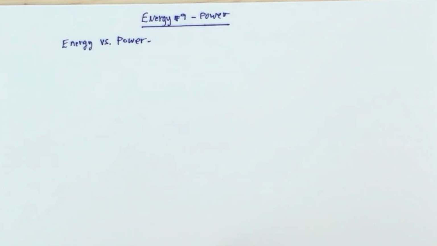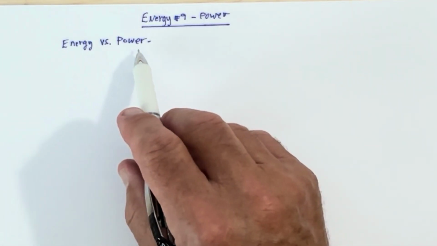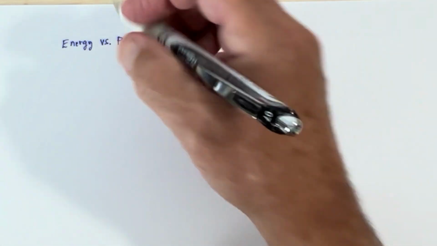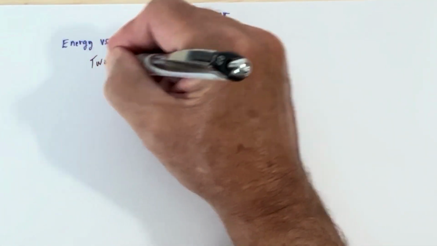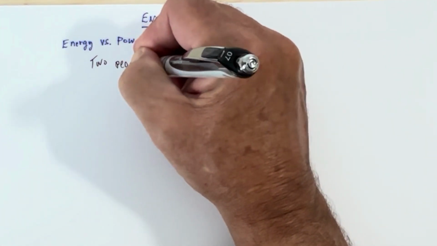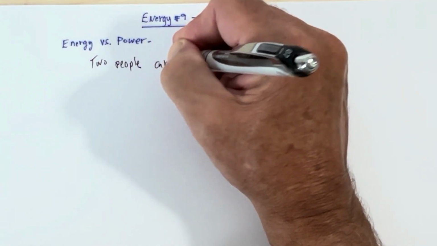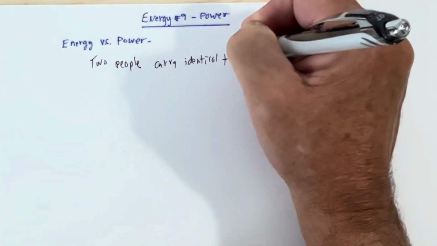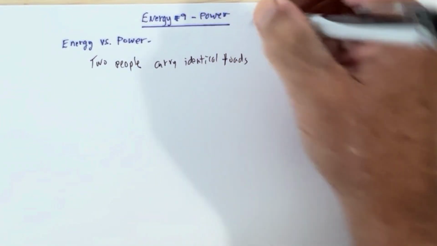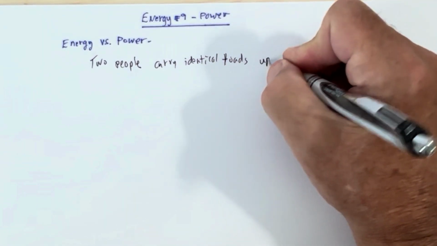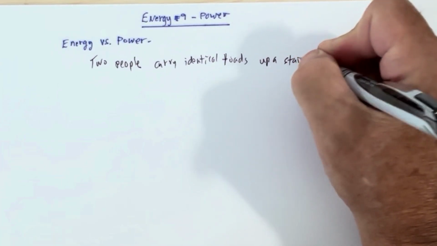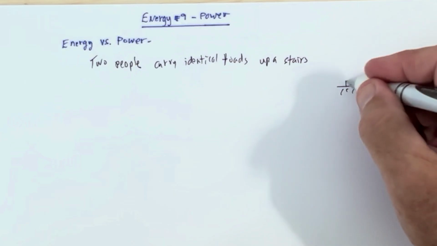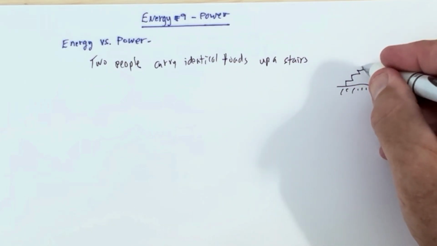Now let's look at the idea of energy versus power. We've talked a lot about energy so far, and let's see how that relates to power. Let's look at an example. We've got 2 people carrying identical loads up a stairs. Just a simple stairs.